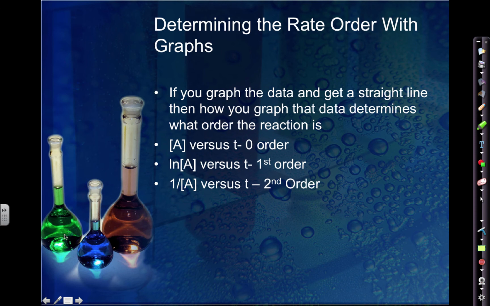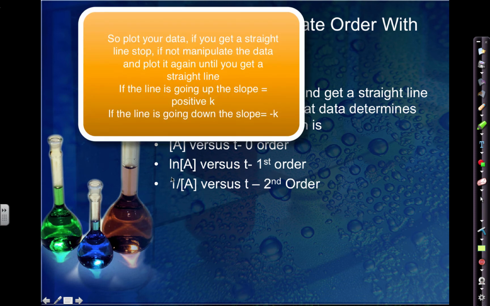So if it's asking you to determine the order of the reaction, and you're just given concentration versus time, if you were to plot it and manipulate the data, as soon as you get that straight line, that will tell you what order reaction it is. So if I simply plot concentration versus time, a straight line at that point is zero order.